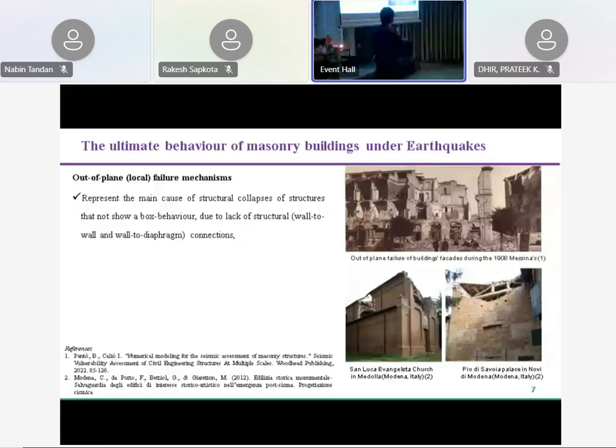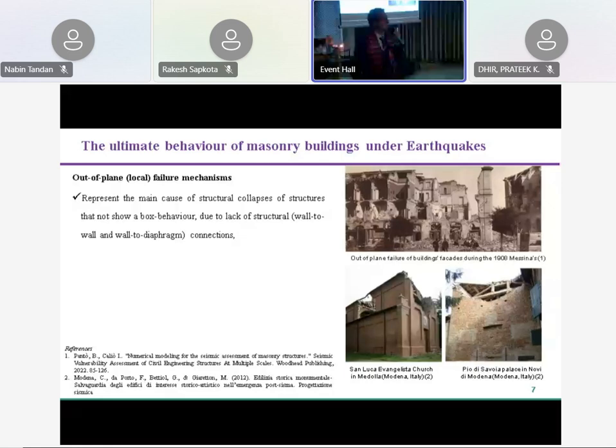If the wall collapsing out of plane is also a wall supporting a floor, the failure mechanism could move from local to global. But many times, as you can see in this picture, a wall has completely failed and the other part of the building is still there. These pictures are from the Messina earthquake, 1908, and the L'Aquila earthquake, 2009, both in Italy.